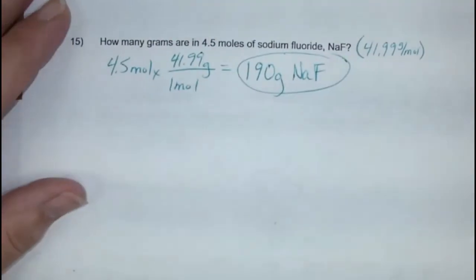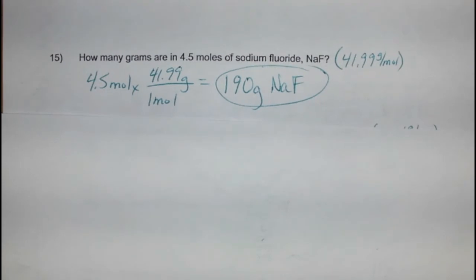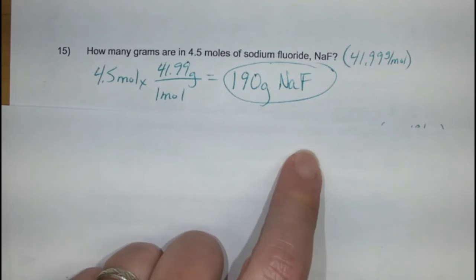Okay, turn to the back page. So the only difference between the first part of the problem set and this is that now we're doing conversions with formulas. And so you've got to add up the formula for the molar mass first and then do your problem.